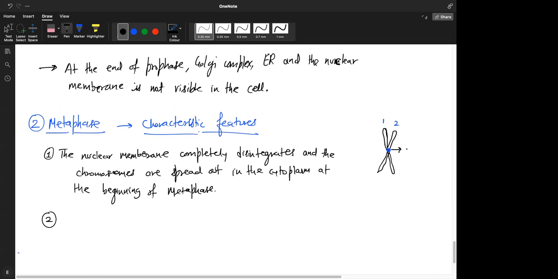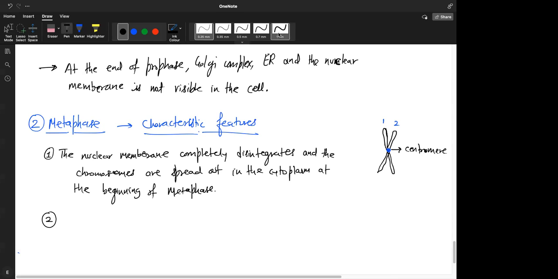Not centrosome. If you write centrosome, now you will get a big 0. Centromere. Centrosome is what was moving towards opposite poles. Centromere is what keeps these two sister chromatids together, because ultimately these sister chromatids are going to be separated. So held together or joined together by the centromere.